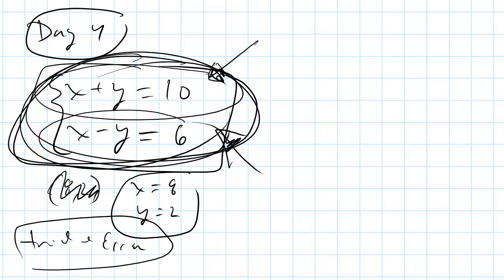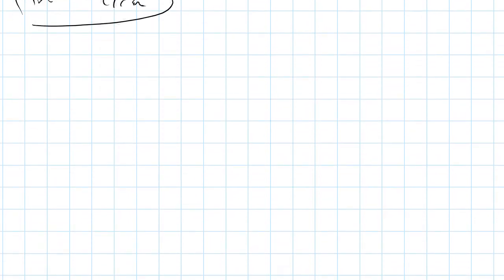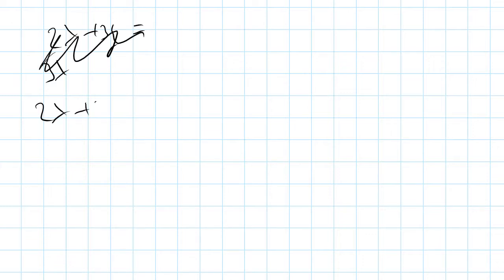So maybe you make a few that have kind of fun answers, but then we go like this. We say, well, what about, let me go this way. 2x plus 3y, 2x minus 5y.